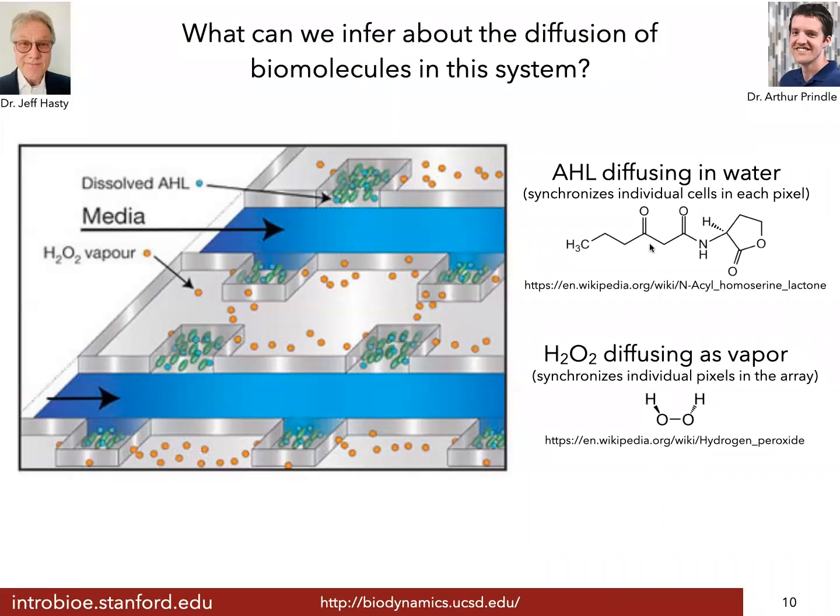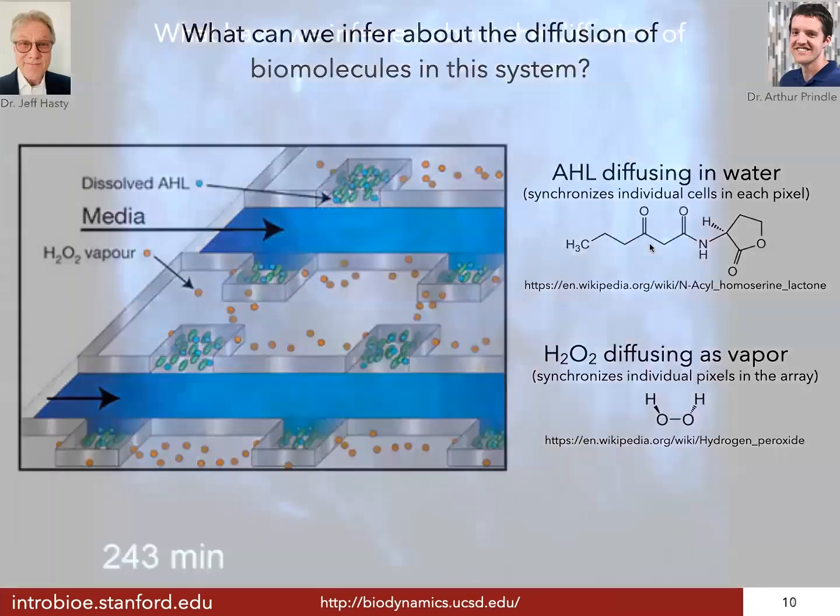So that's probably faster, just vapor relative to water. But again, it's smaller, so it's going to be going faster regardless. Cool. So we've got this one molecule diffusing in water in the pixels, and that's coordinating the cells within the pixel behavior, and then this other molecule, hydrogen peroxide, diffusing across the whole array, and that's synchronizing the individual pixels in the array.